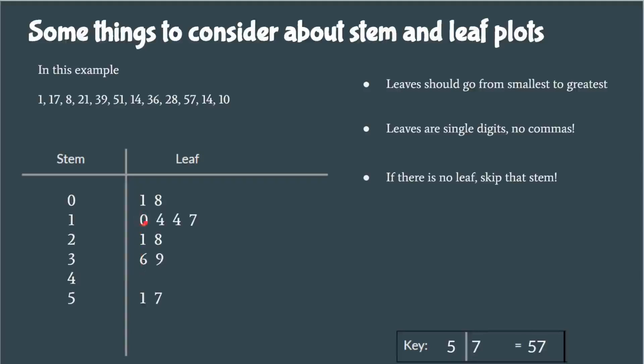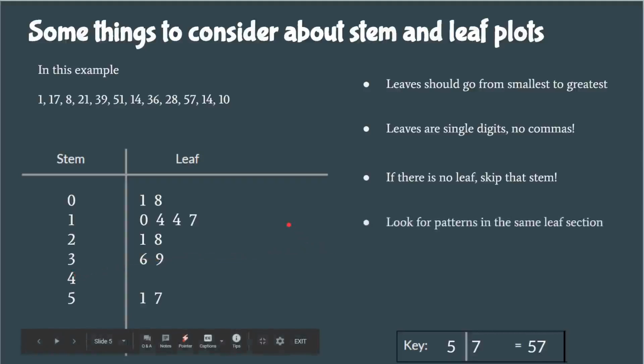Don't assume we would put a 0 because that would make it a 40, and there is no 40 up here in our data. Okay? Notice that there is a 10 here, a 1 and a 0. There is a 10. So do not put a 0 here. That would mean there's a 40, okay? I have seen it where they would just skip putting this 4 on here altogether.